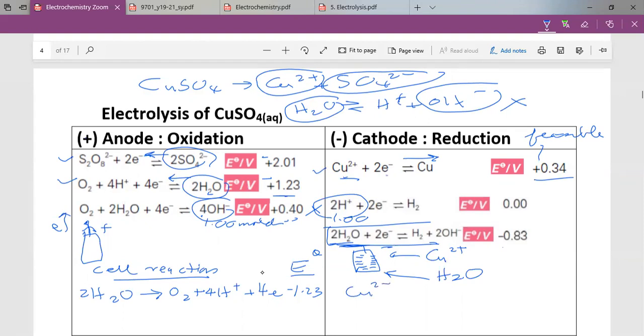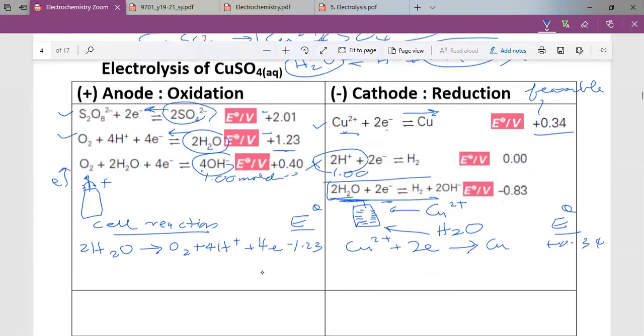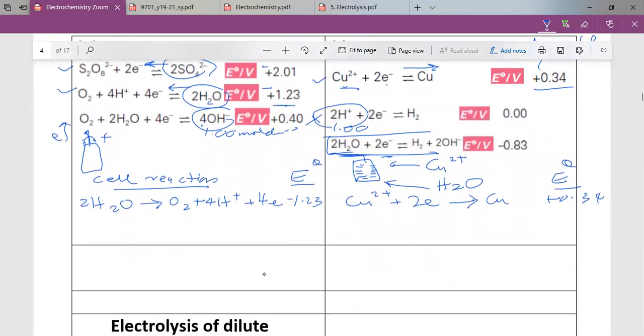Copper 2+, which you learned from Form 5, plus 2 electrons gives you copper. So the E value here will be positive, 0.34. As copper is given out, what remains?